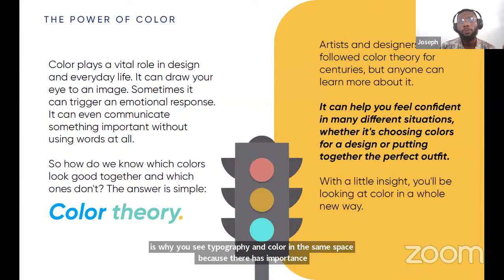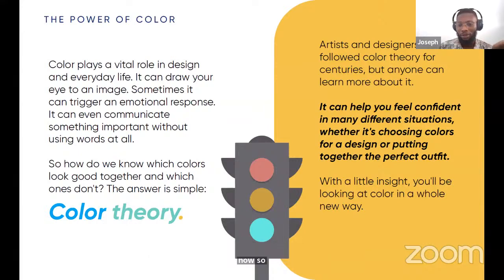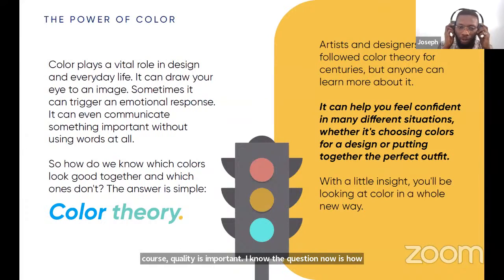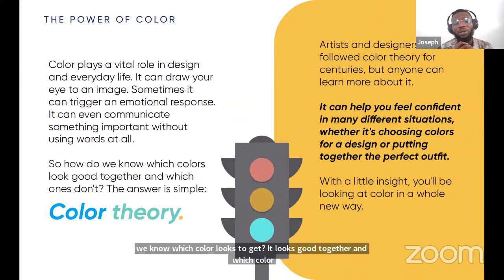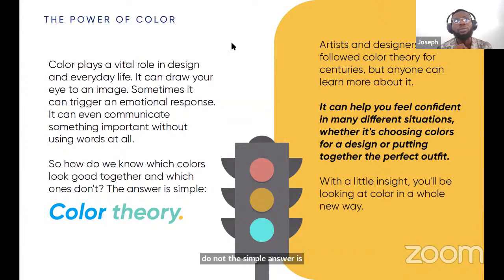Now, of course, color is important. I know the question now is, how do we know which colors look good together and which do not? The simple answer is color theory. See how important color is. You are going out tomorrow, and today you're already planning which clothes to wear.